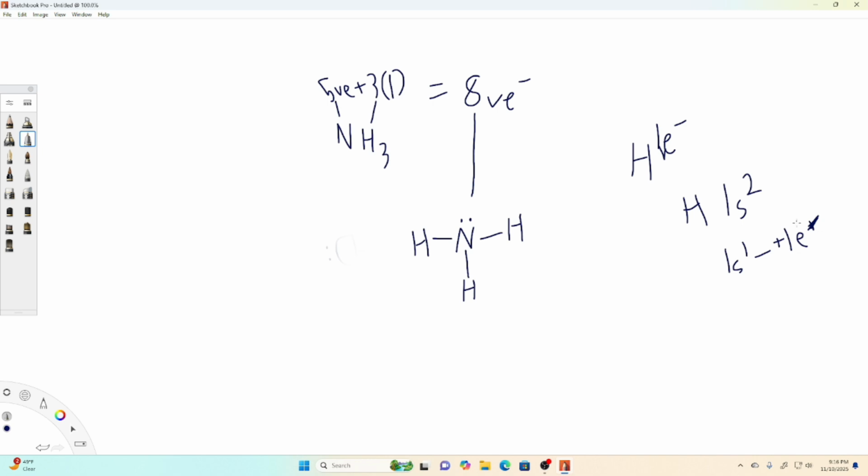Hydrogen can only have 2 valence electrons because it only has 1 available electron to be shared. So this is the Lewis structure for NH3, ammonia.